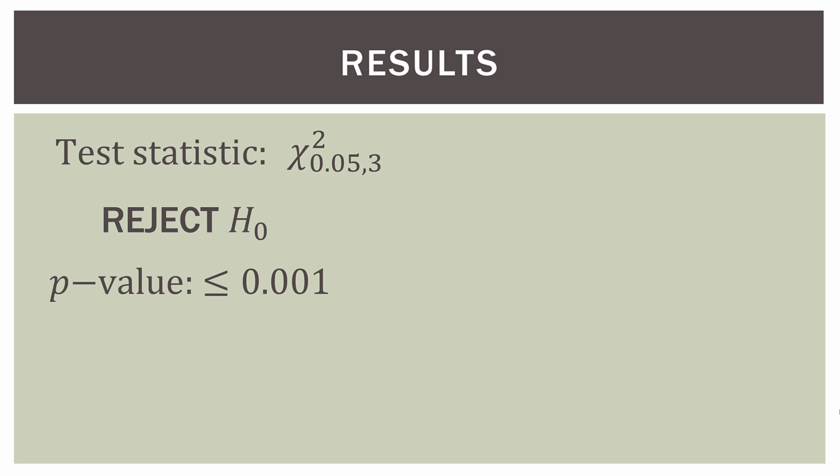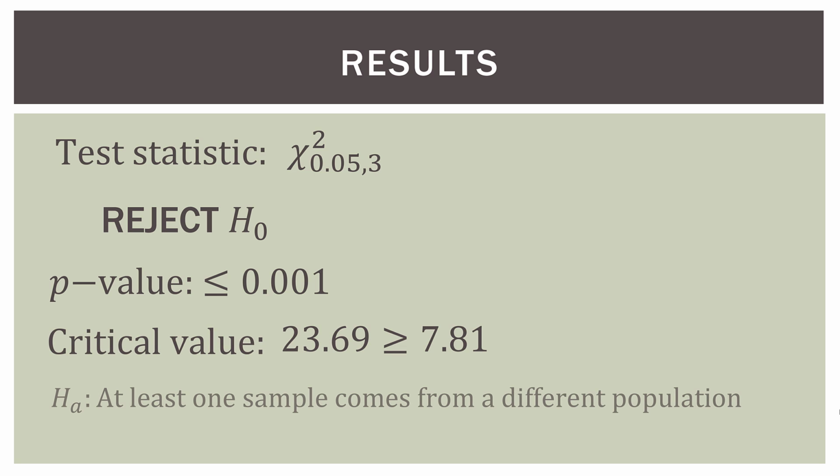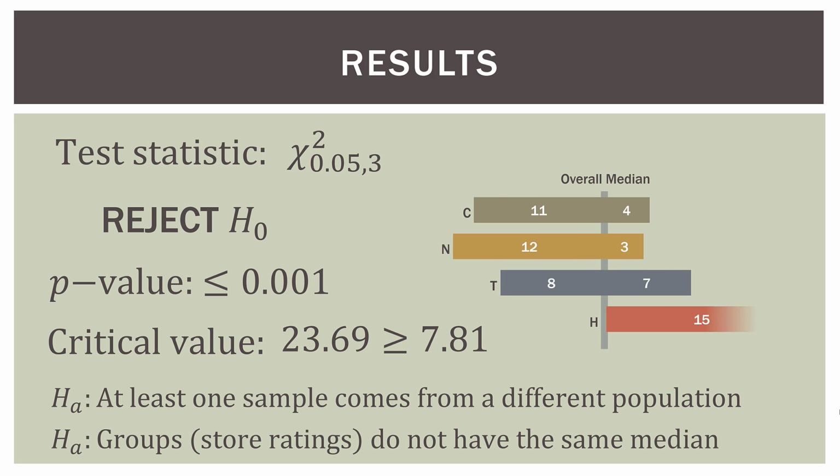Our p-value was much, much less than 0.001 or even 0.0001. It was a very, very small p-value. So we reject the null hypothesis and move on to the alternative and say that at least one sample comes from a different population. And if we look at this visually, we're going to say that it's probably the Horniman Circle store.